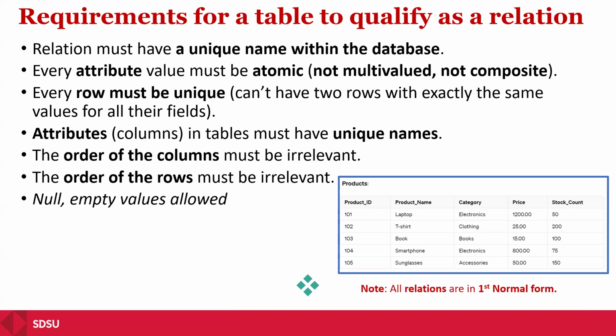So relations do not allow multi-valued attributes, and they do not allow composite attributes. Every row must be unique, so we can't have two exactly the same rows within the same relation. Attributes must have unique names. So we can't have two columns named exactly the same within a certain relation.